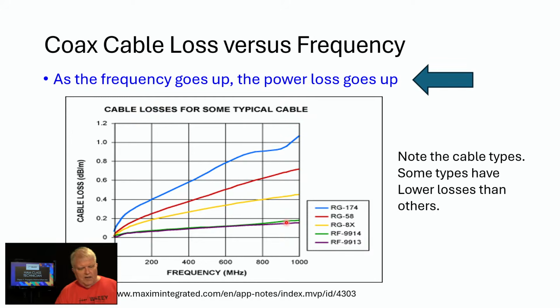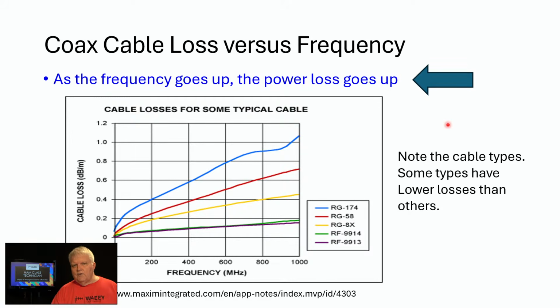So as you see here, we have cable loss in dB, and we have frequency in megahertz going up here, and some various types of coaxial cable. Note some are better than others, especially at the higher frequencies. They have lower loss, but notice they all have a trend line where their loss goes up the higher you go in frequency.